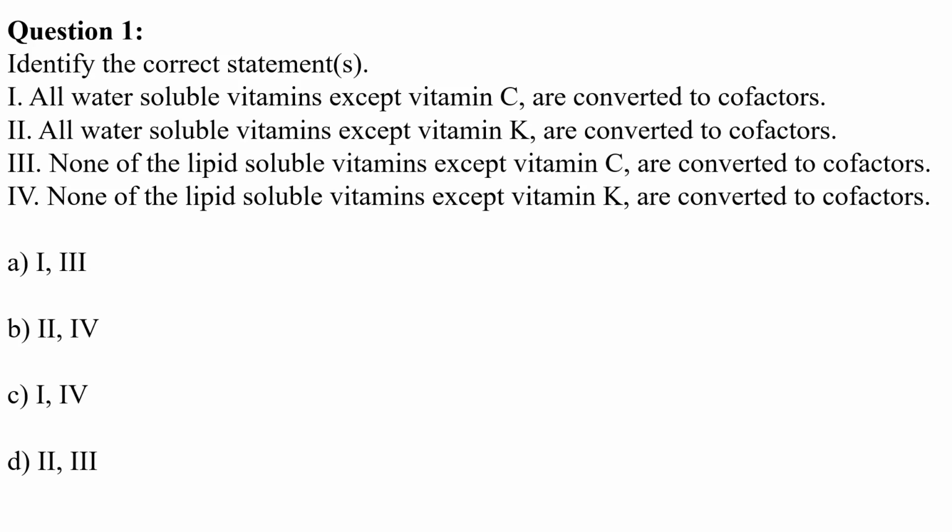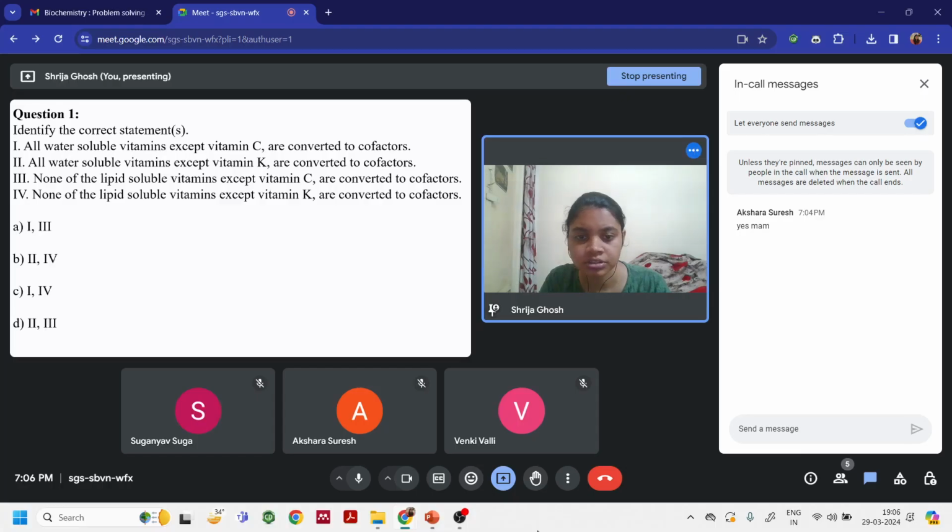Second statement is, all water soluble vitamins except vitamin K are converted to cofactors. Third statement is, none of the lipid soluble vitamins except vitamin C are converted to cofactors. Fourth statement is, none of the lipid soluble vitamins except vitamin K are converted to cofactors. So we have to identify the correct statements here.